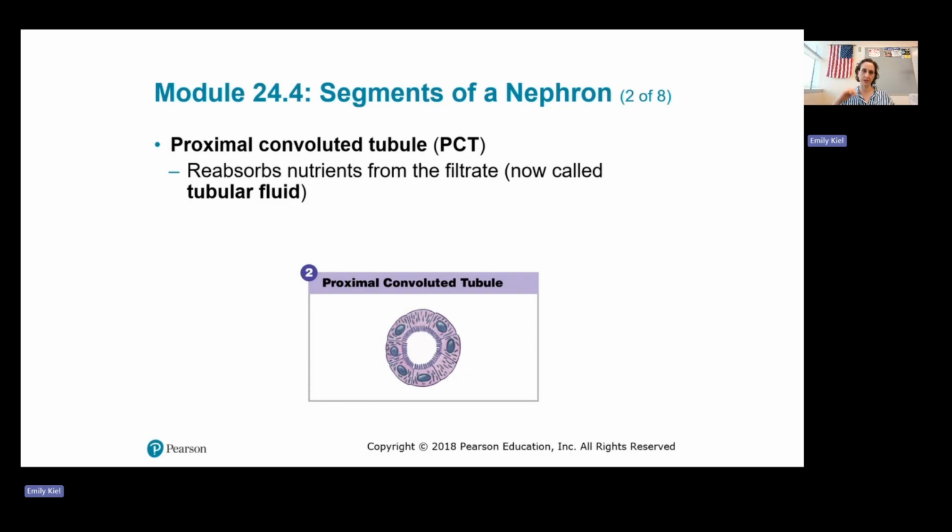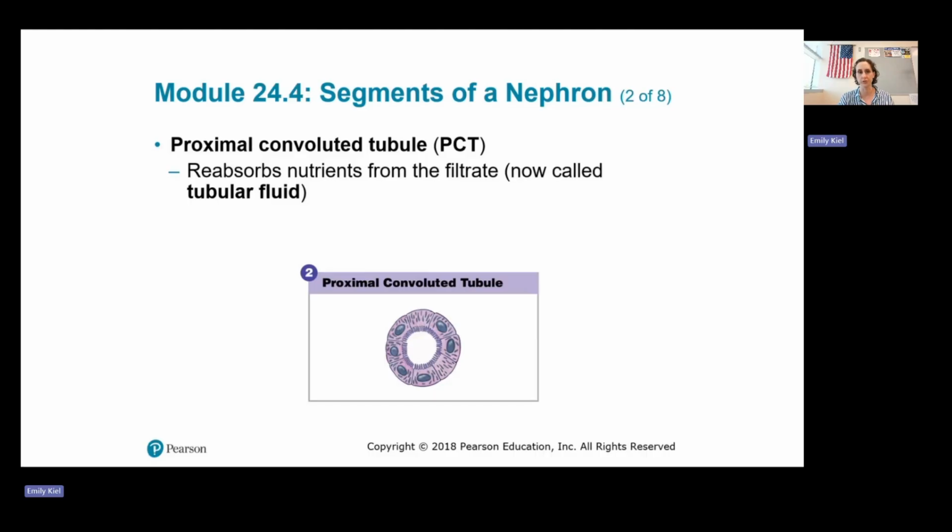So it's a great opportunity for some sorting cards or a chart, because those are the things you want to be aware of. So it's called the proximal convoluted tubule because it's closer to the glomerulus, which is closer to the blood vessels, which is closer to the heart or the central part of the body. And the kind of nutrients we want to resorb are things like glucose.